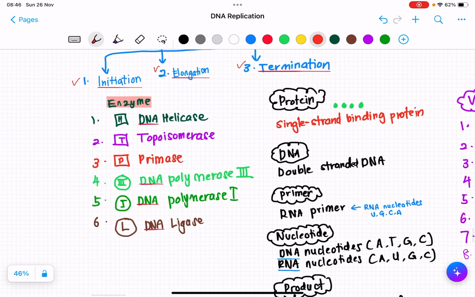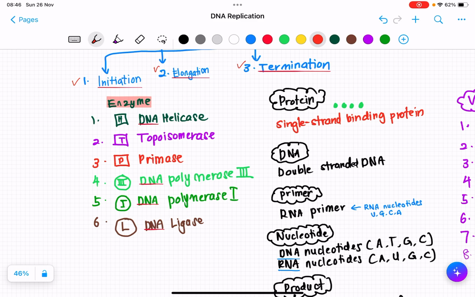These are the enzyme needed for replication to happen. If any of these enzyme mutated, jadi apa berlaku adalah setiap fungsi-fungsi enzim itu tidak dapat dijalankan. For example, DNA helicase is used to unwind the parental DNA strands.